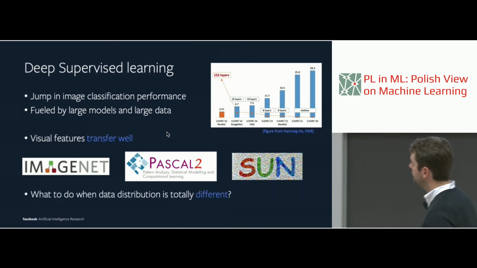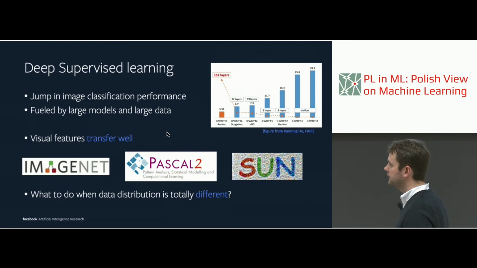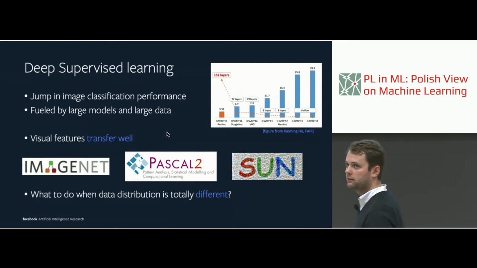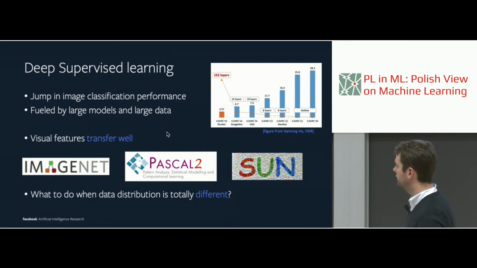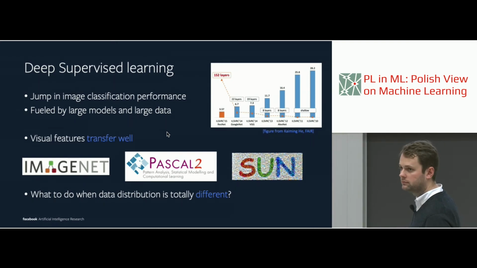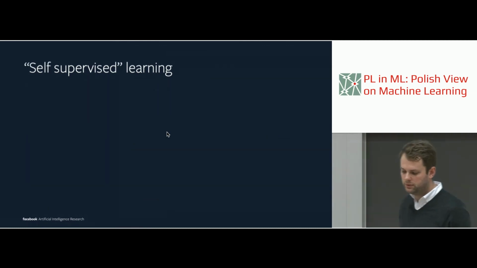However, what do you do if your data distribution is totally different? Imagine you want to work with medical data or satellite data. Are features trained on ImageNet, in which 50% of the categories are dogs, going to work well on satellite images? It's not necessarily true. That motivates why people have been looking at what we call self-supervised learning in computer vision.